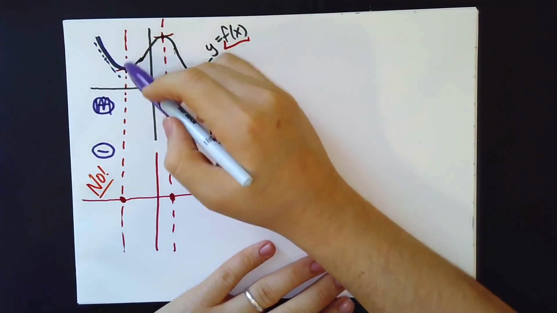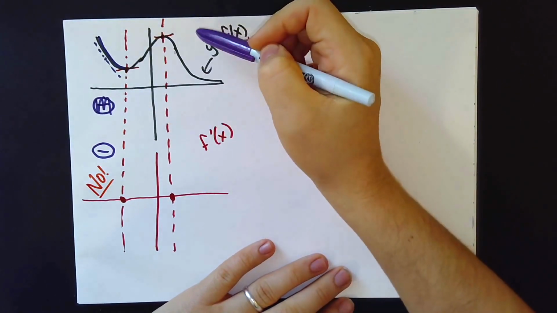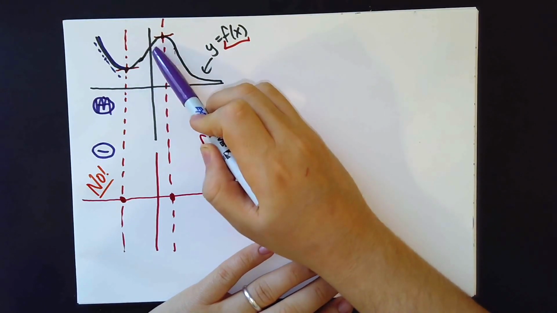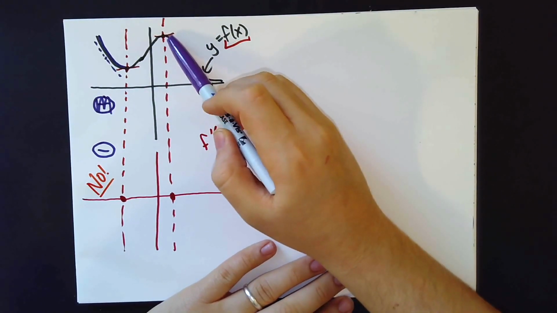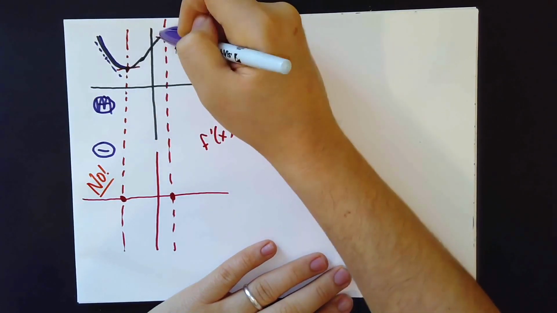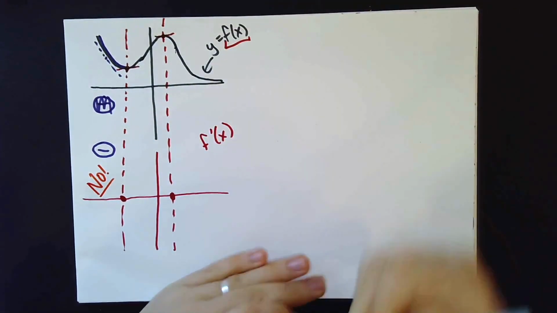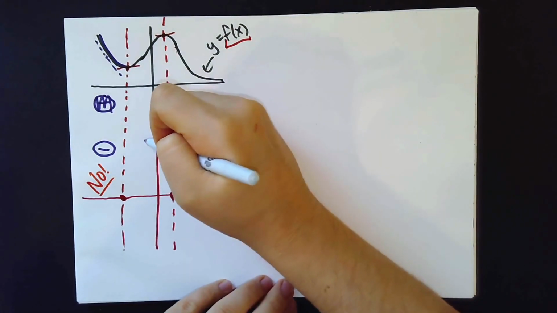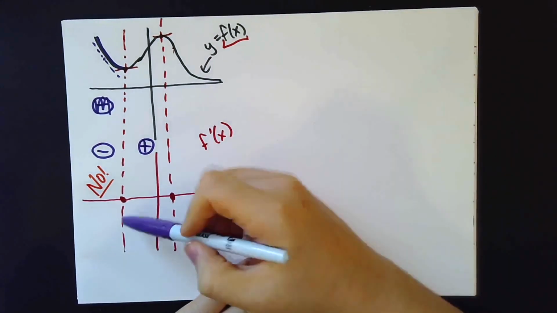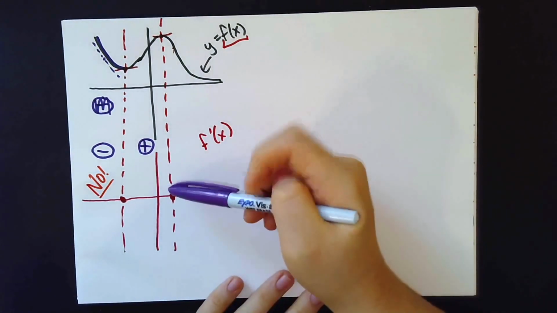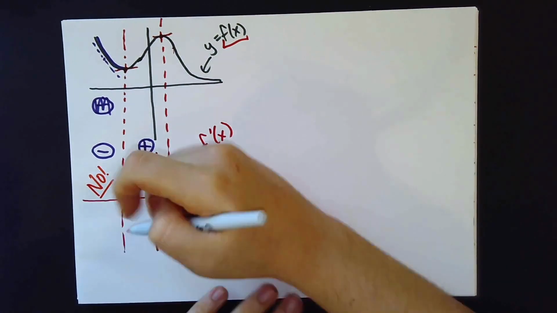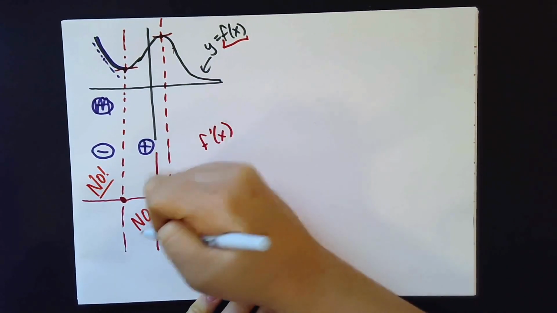Okay, what about this next section? Well, everywhere in here, the slope of the tangent line is positive. The tangent lines lean in this direction. And so everywhere in this second piece, the derivative is going to be positive. Which means that between these 2 dashed lines, the entire graph is going to live up here, and it's not at all going to enter this piece down here.